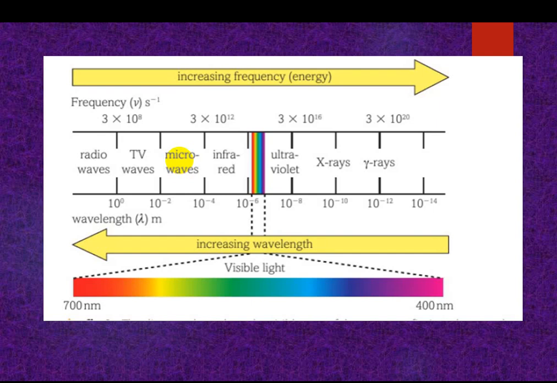Okay, some important applications. Radio wave is used in television wave signal, MRI. Microwave, we use in cooking, warming food, mobile phone. Infrared radiation is used in remote control.